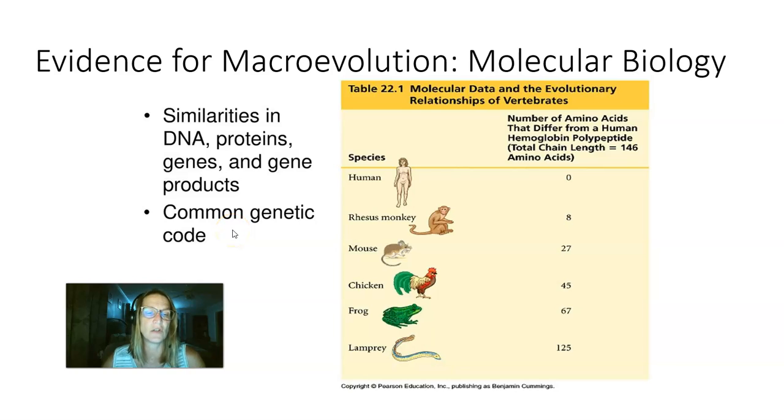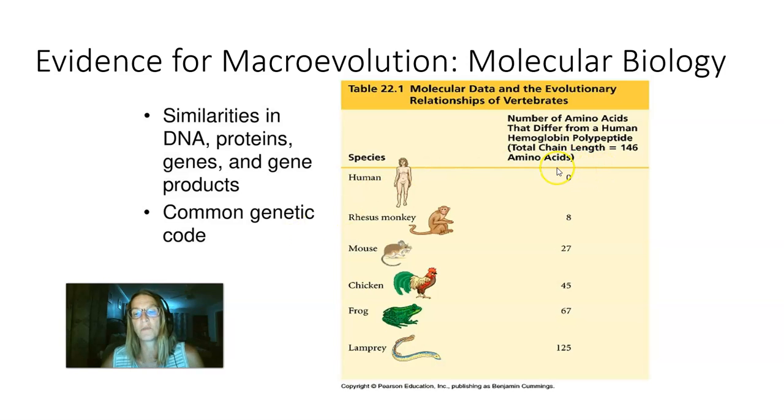Those nucleotides, whatever order they're in, create amino acids, which make up proteins, and every living thing uses the exact same common genetic code of DNA. So this is a great example of how it would be difficult to envision how we are not related to all other species since we all use the same genetic code.